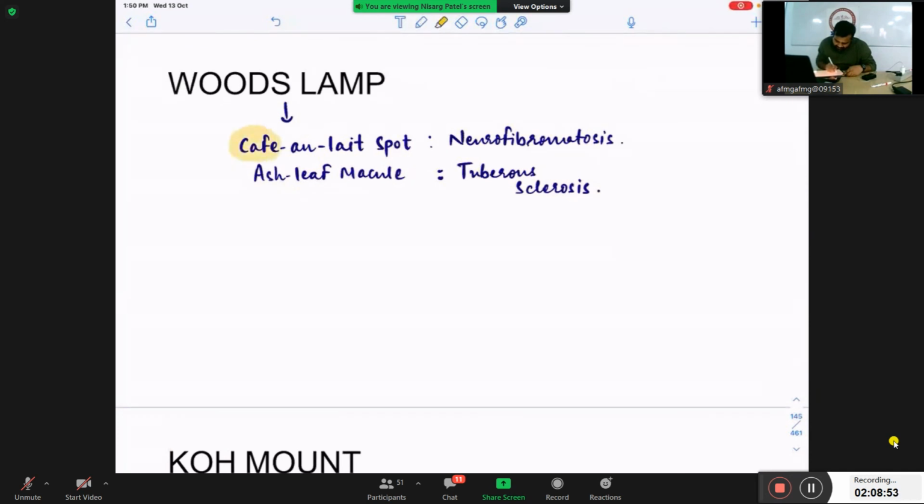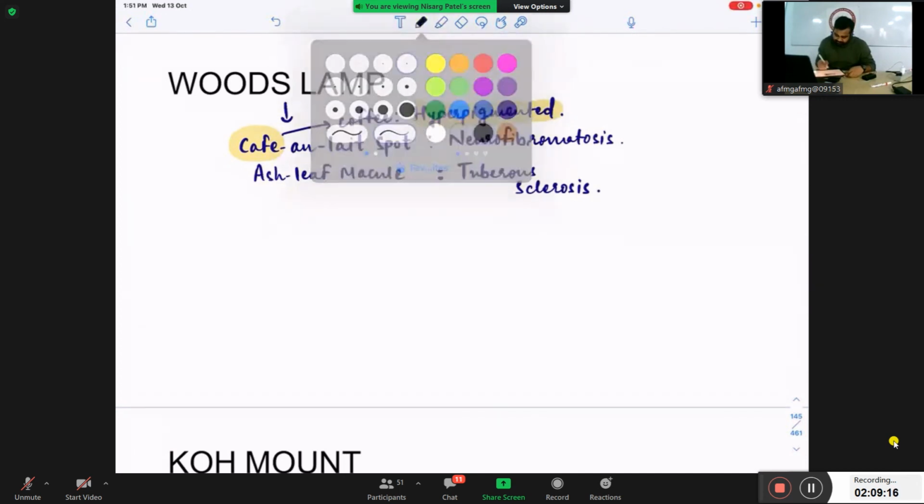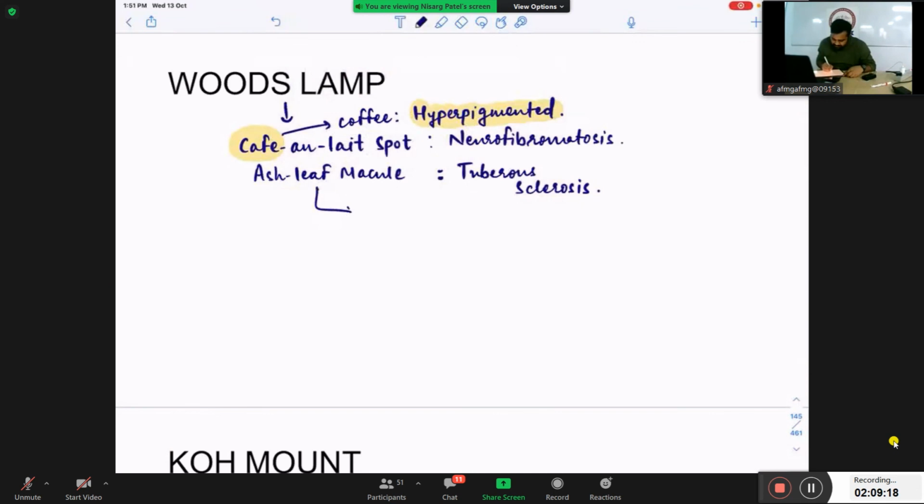So remember, cafe means coffee, and this rash is hyperpigmented. Whereas the ash-leaf macule is a hypopigmented rash.